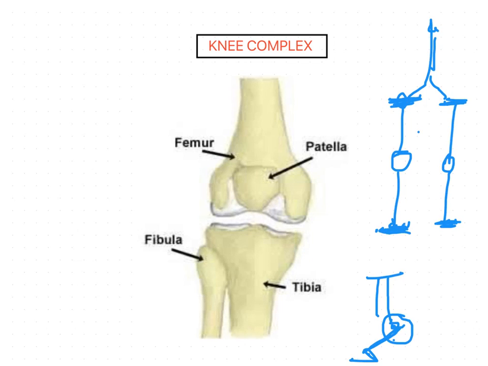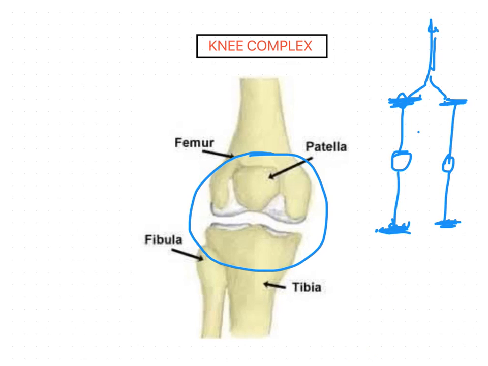Now, the knee complex is composed of two distinct articulations within a single joint capsule. As we know, this is a synovial joint, that is, a diarthrodial joint, and also a modified hinge joint.